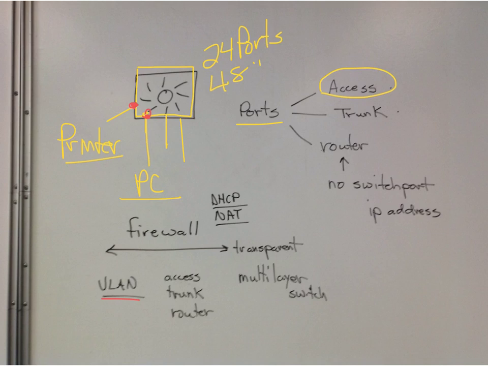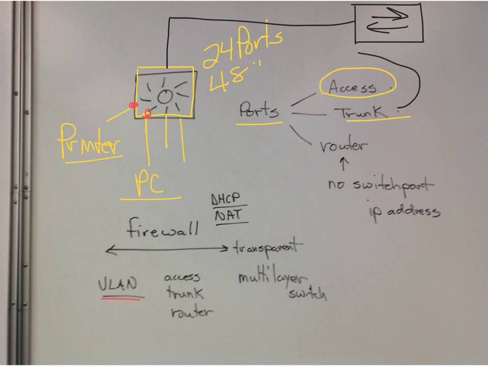Then a port can be a trunk. So we can have the scenario where we connect another switch and we can have a trunk between there. Now that trunk would allow us to tag, for example, if we were going from here to a red VLAN up here, when that traffic wants to move across this trunk, it'll get tagged marking which VLAN it is.